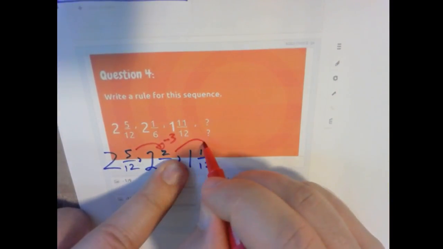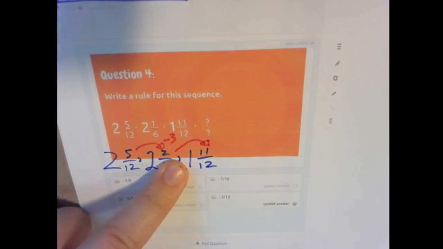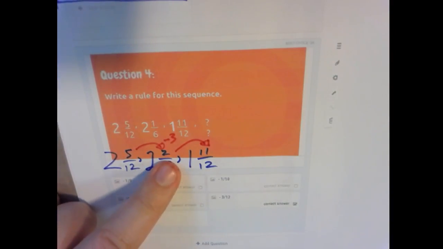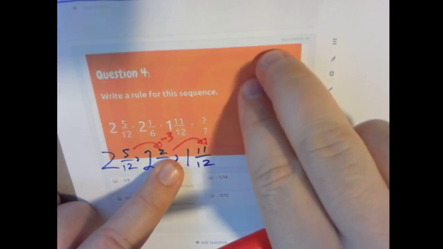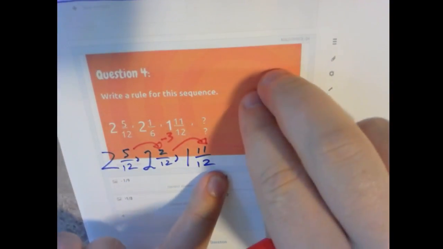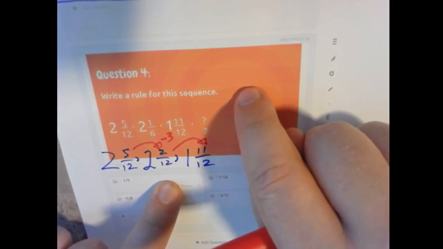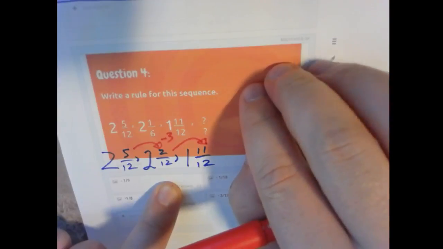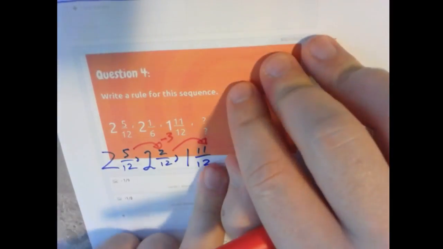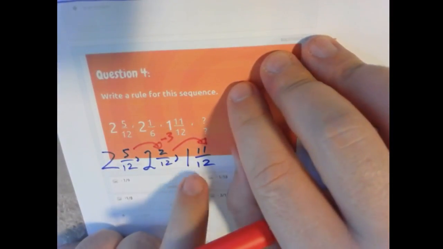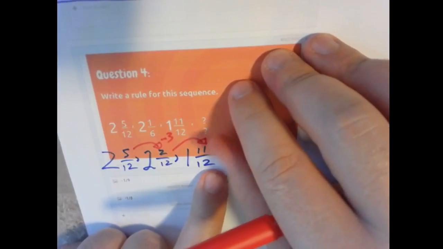What if we took 3 more steps away? We would go 2, 1, 0, and then 12. So we go from 2/12 to 1/12 to 12/12 to 11/12. So it's 3 steps. So we end up losing one of the whole numbers and starting over at the top.